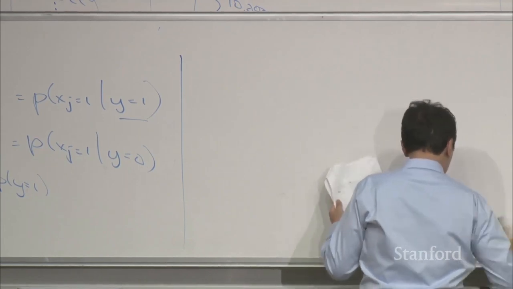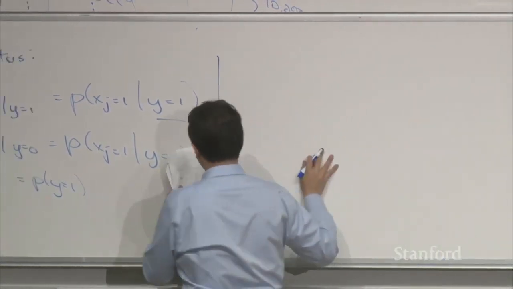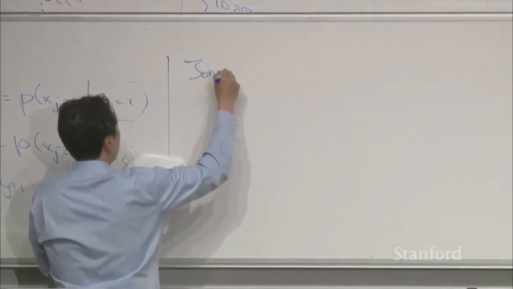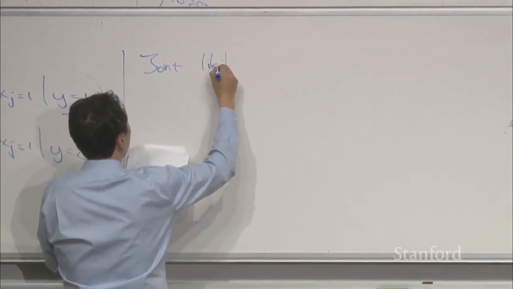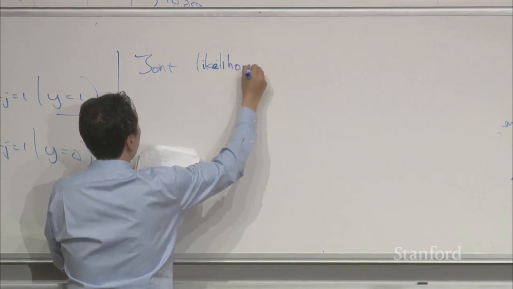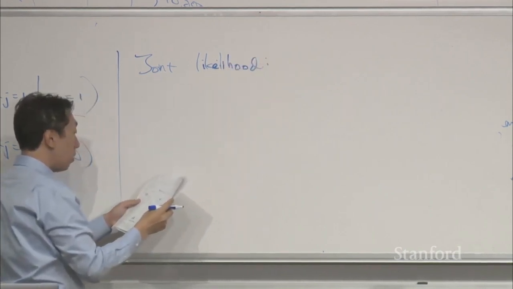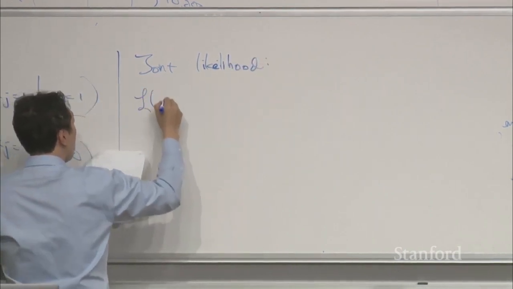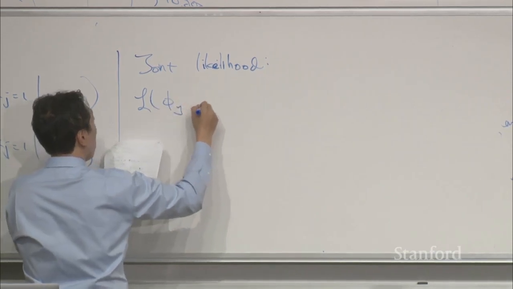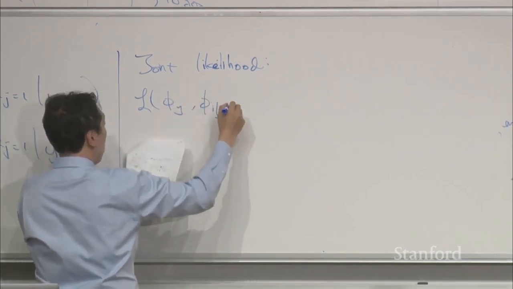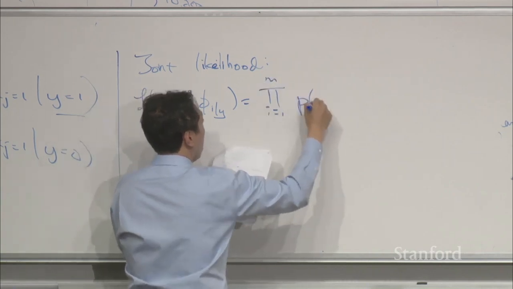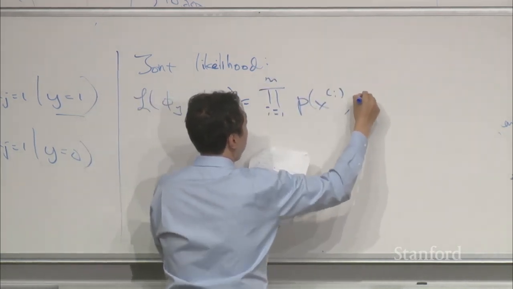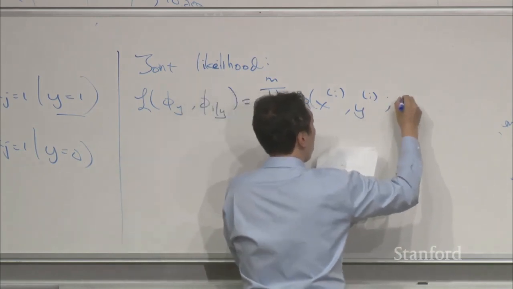And so, to fit the parameters of this model, you would, similar to Gaussian discriminant analysis, write out the joint likelihood. So the joint likelihood of these parameters, right, is the product, given these parameters.